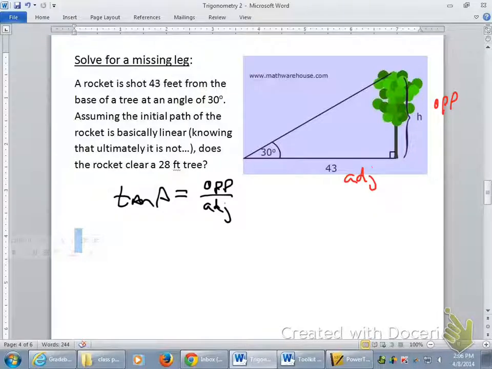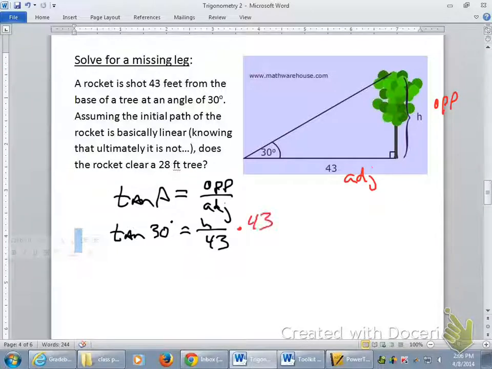And in this situation, the angle is 30 degrees. The opposite is what I don't know, the height of the tree. I guess I could put an H. And 43 is the adjacent. So how do you solve? Times it by 43.